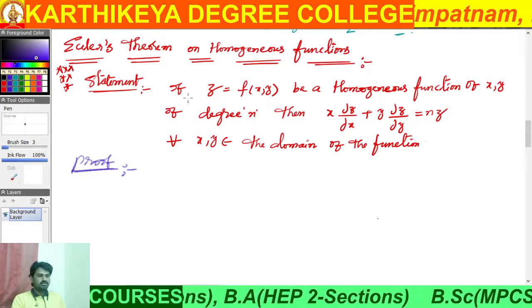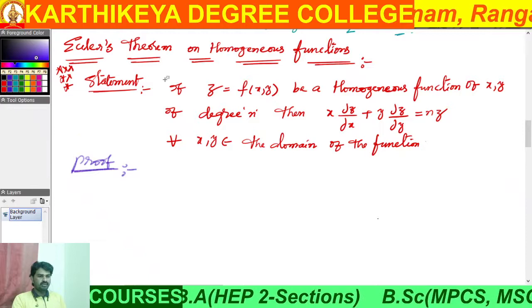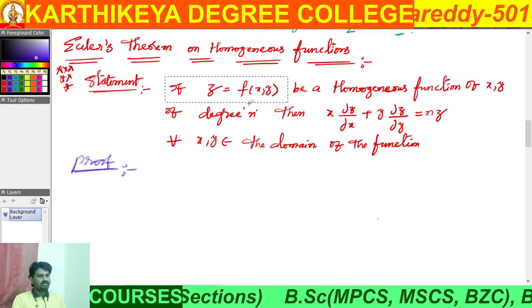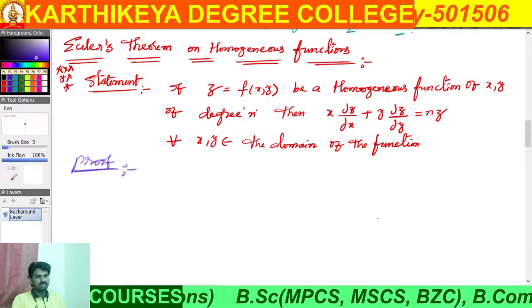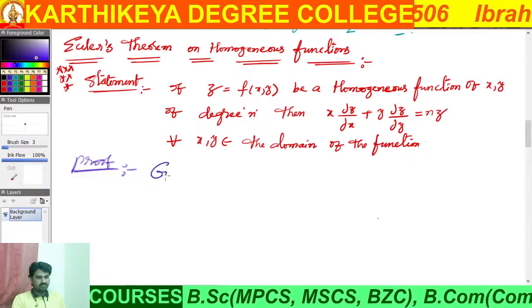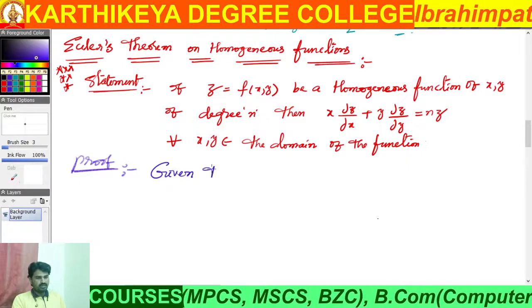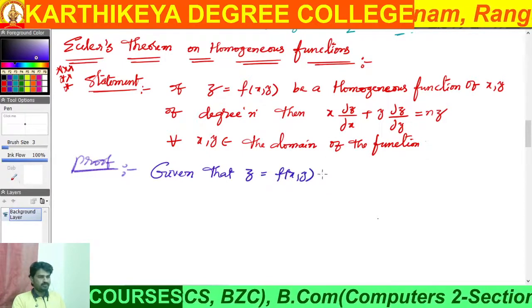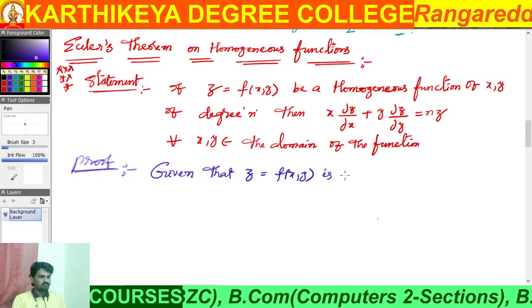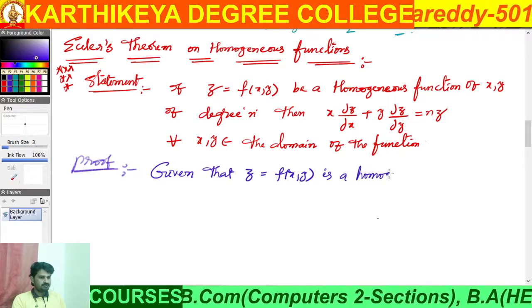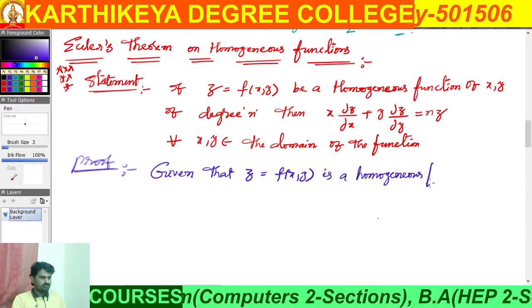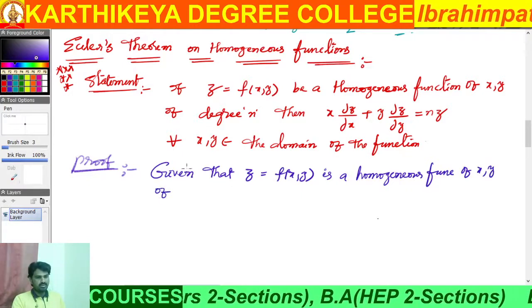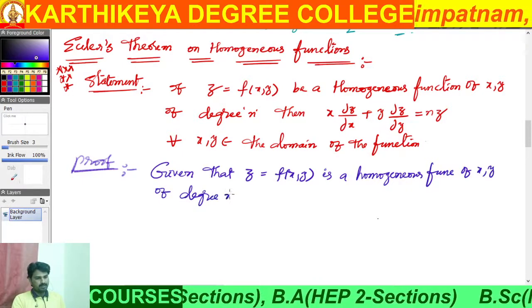Here, first of all, read the given theorem. If z is equal to f of x, y is a homogeneous function of x comma y of degree n, that means z is a function given as z is equal to f of x y, a homogeneous function of x comma y of degree n.